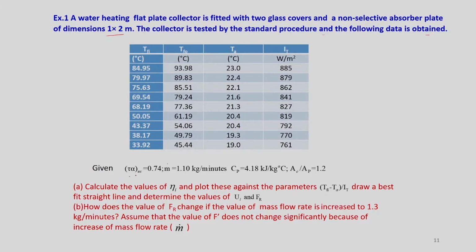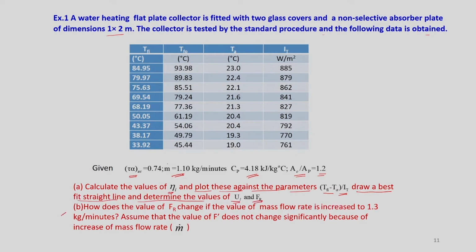Tau alpha average is given, mass flow rate is given, Cp of water is given and Ac by Ap is given. Now, we need to calculate the values of instantaneous efficiency and plot these against the parameter Tfi minus Ta divided by It. Then we need to draw a best fit straight line and determine the values of UL and Fr.